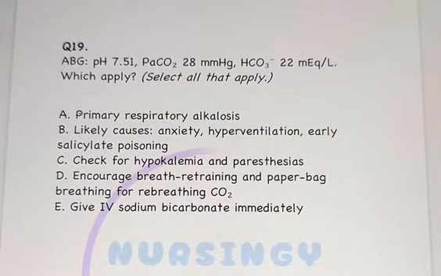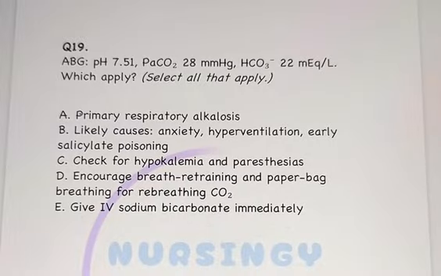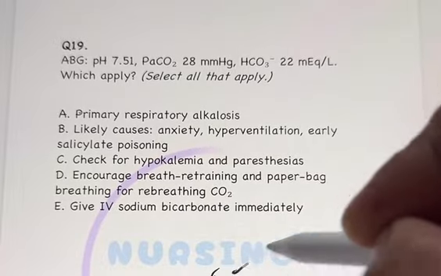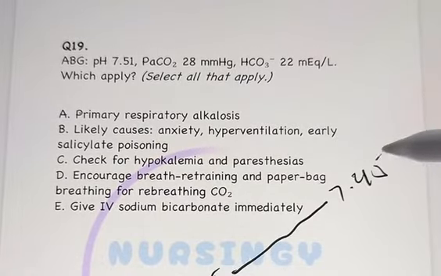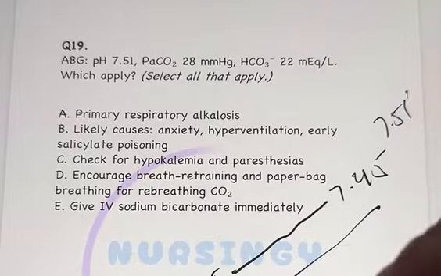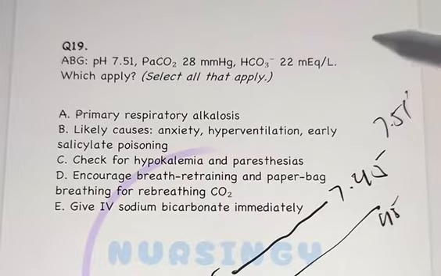Question number 19. Again, this time I'm not going to forget the values. We have pH 7.51, that is alkalosis, since normal is 7.35 to 7.45. We have PaCO2 28, and normal is 35 to 45, so that is on the lower side.